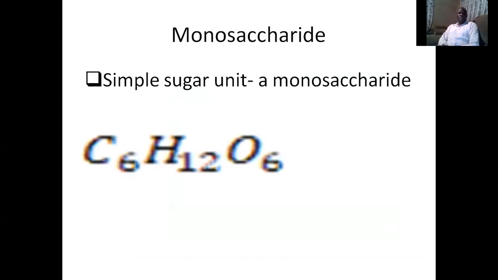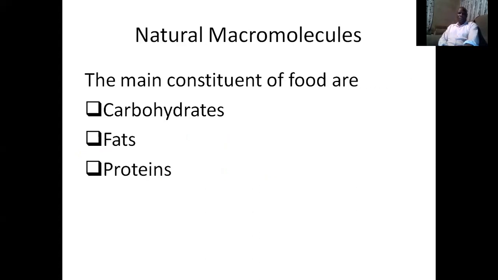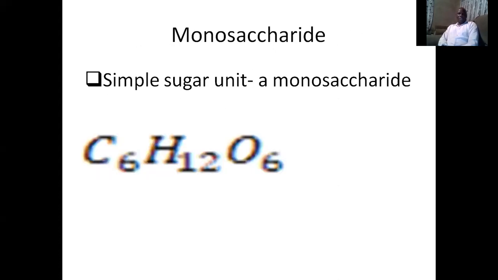So we know that a simple sugar unit, which is a monosaccharide, given by C6H12O6, is the simplest monomer for the formation of starch. Because we are looking at the formation of starch.